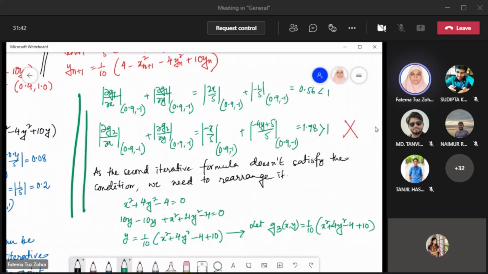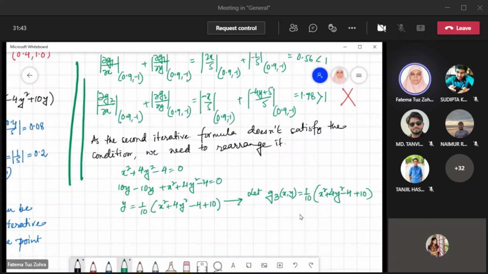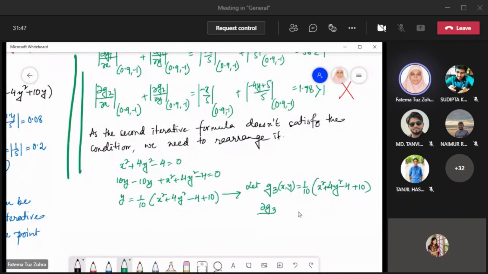So now differentiate. Del g3 del x is equal to x by 5, del g3 del y is equal to 8y by 10, which can be written as twice y plus 5 divided by 5.